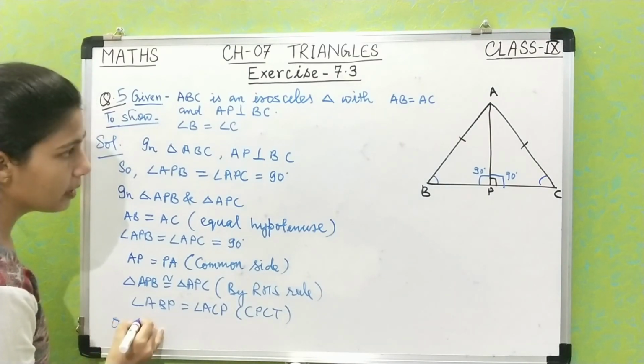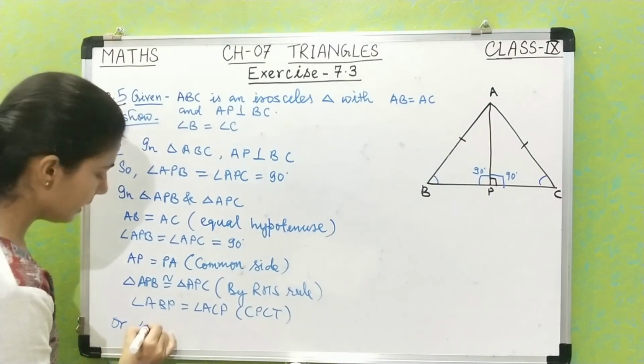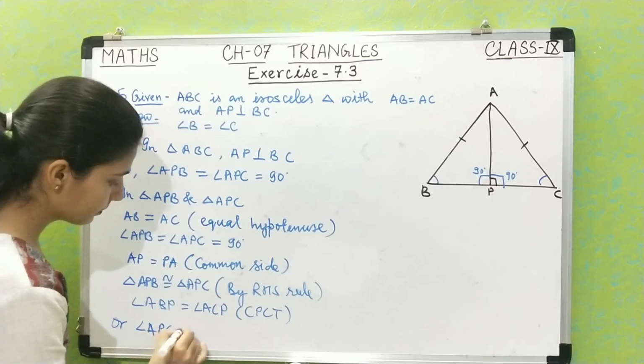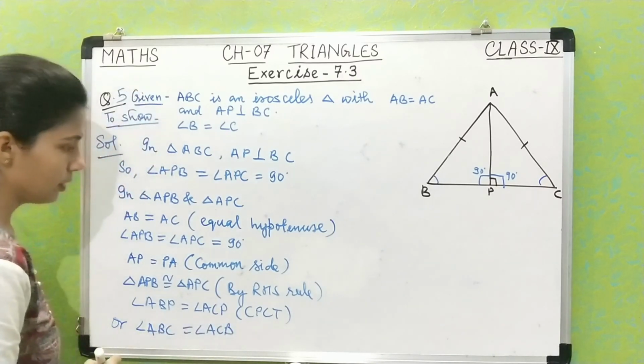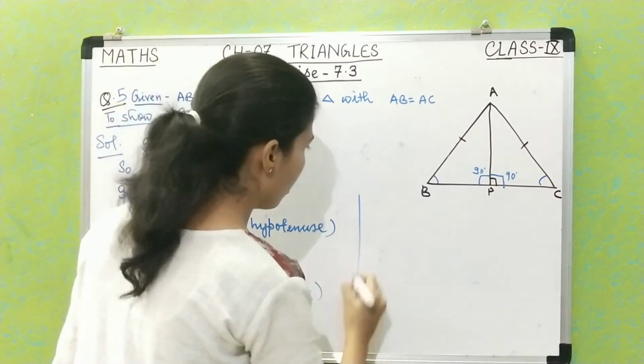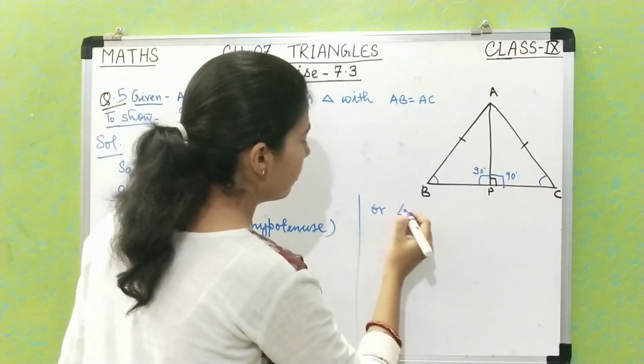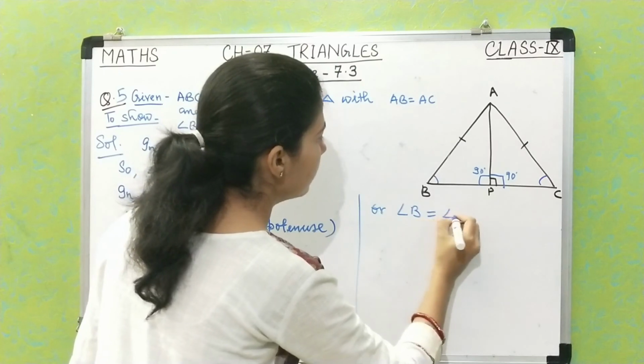So in place of ABP we can write angle ABC, that is equals to angle ACB. Okay, or we can write only angle B equals to angle C.